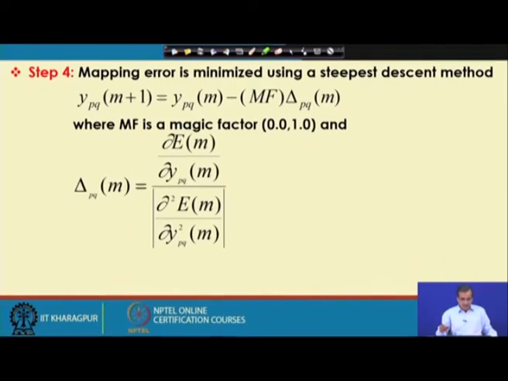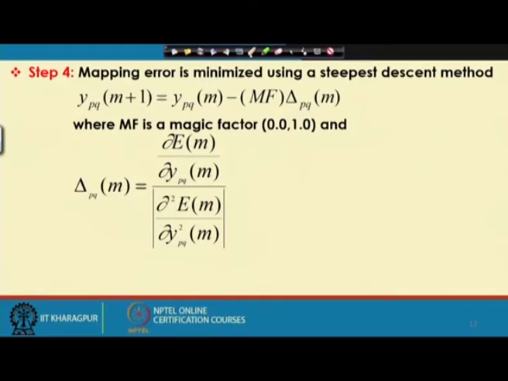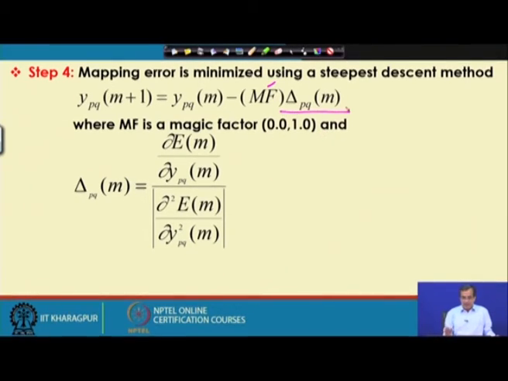If we remember, in steepest descent method we use a step length and the search direction. So, here the step length is denoted by this magic factor mf, and it varies between 0 and 1, and this particular delta_pq^m is nothing but the search direction, that is the gradient direction, and we put one negative sign because we move in a direction opposite to the gradient, because this is a minimization problem.